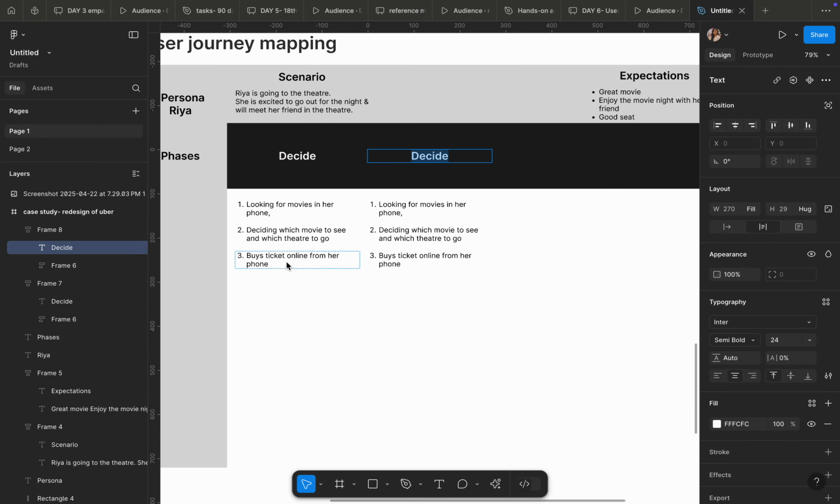Now after deciding, she is booking. In the first phase itself, after deciding, she is booking.